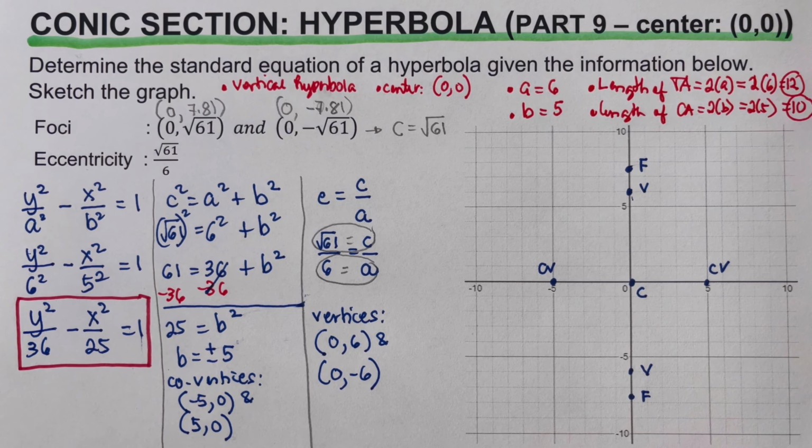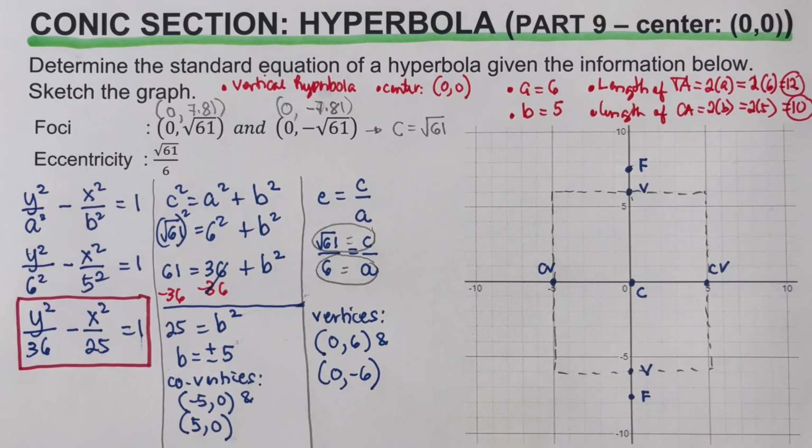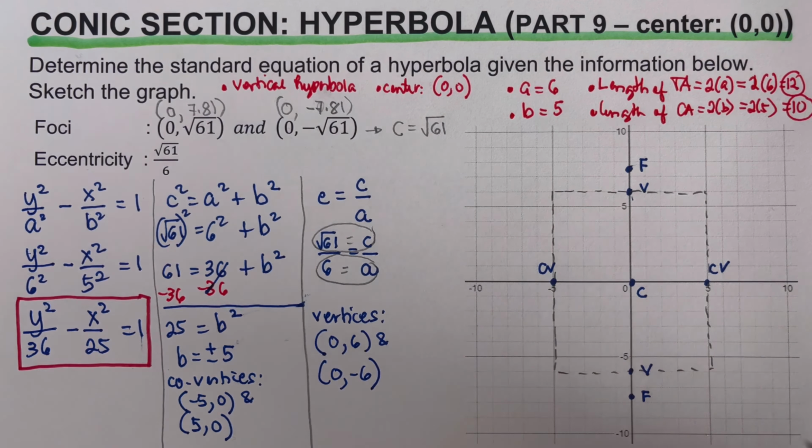So we can go ahead and sketch the central rectangle for this hyperbola. Okay, we remember that the central rectangle would pass through the two vertices and the two co-vertices. And we can go ahead and sketch the two asymptotes of this hyperbola. The asymptotes would pass through the opposite corners of the rectangle, passing through the center.